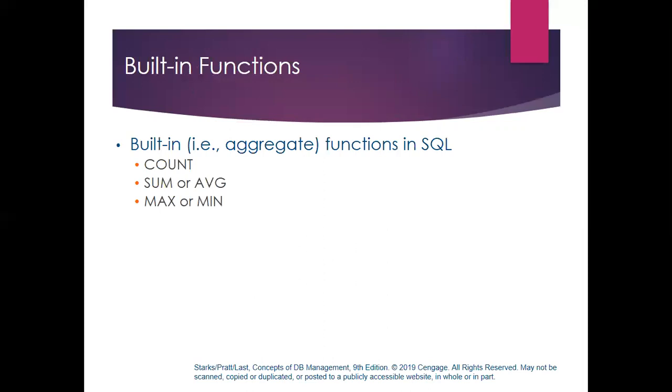The maximum function, used to determine the largest value in a given column, or the highest value in a given column. The minimum function, used to determine the smallest value in a given column. Please see pages 101 to 104 of the textbook for additional information.